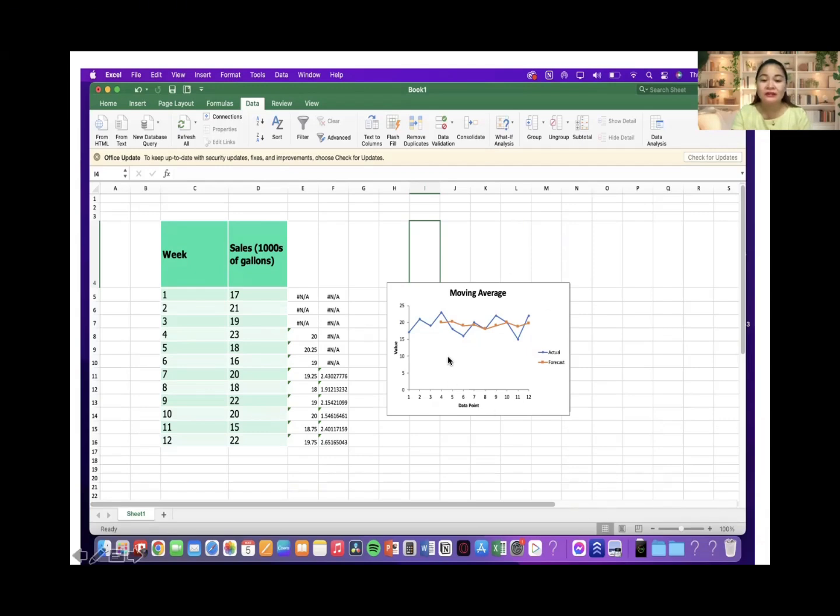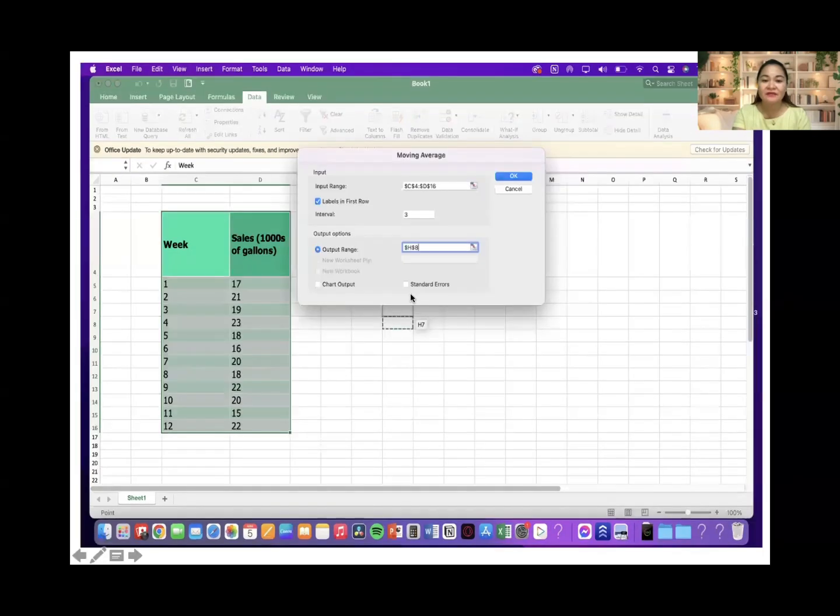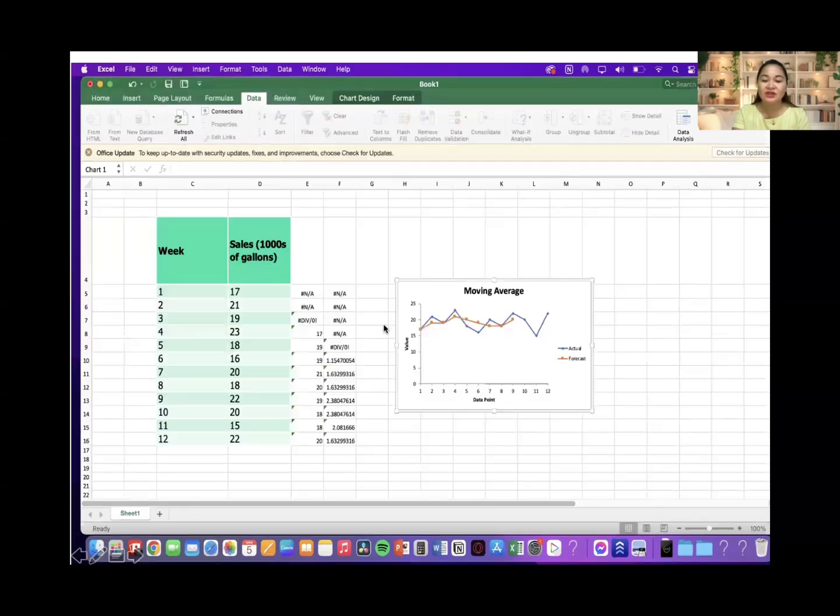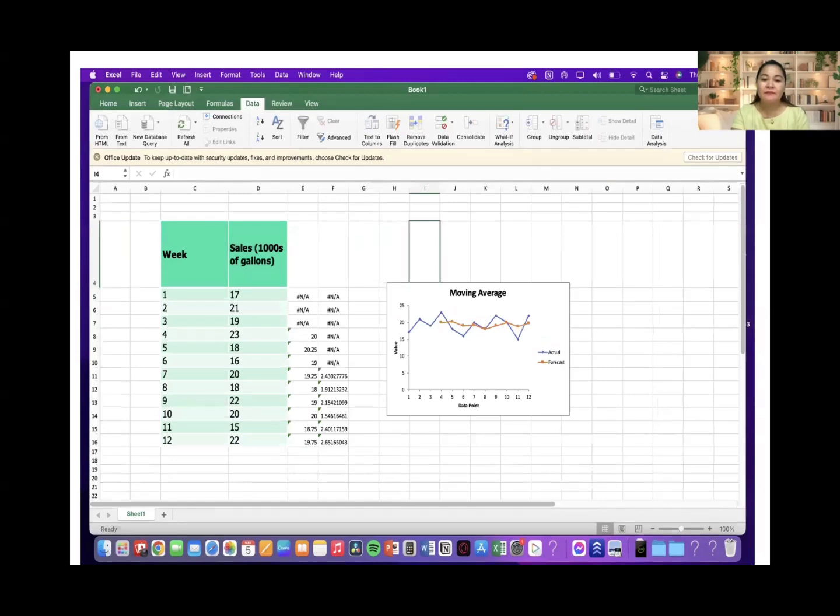If you're going to look at the trend, the graph, there is a part where you can check the standard error and the chart. If you check the chart, it gives you the graph. Okay, so here is the graph, actual and forecast.